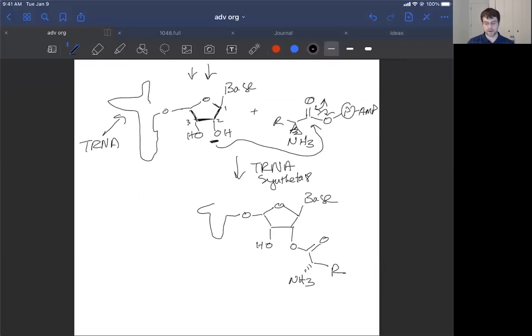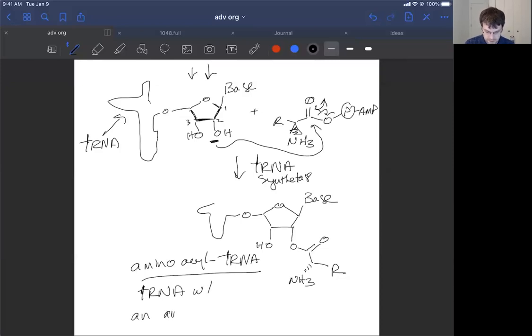Okay, so this is our tRNA that now has an aminoacyl tRNA. An aminoacyl tRNA is a tRNA, with a lowercase t in all these places, must be too much biology for me tonight, that has an amino acid.